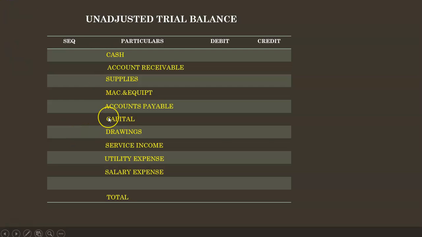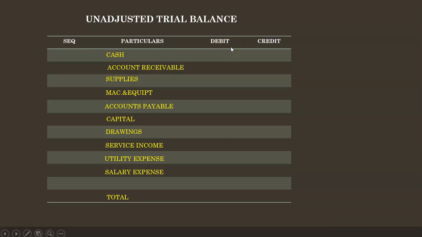Kasi doon sa owner's equity nakalagay is capital minus drawings plus revenue minus expenses. Kaya ganito yung pagkakasunod-sunod. Okay? Since perfect na natin ito ang pagkakasunod-sunod ng ating account titles, we will now get the total amount.